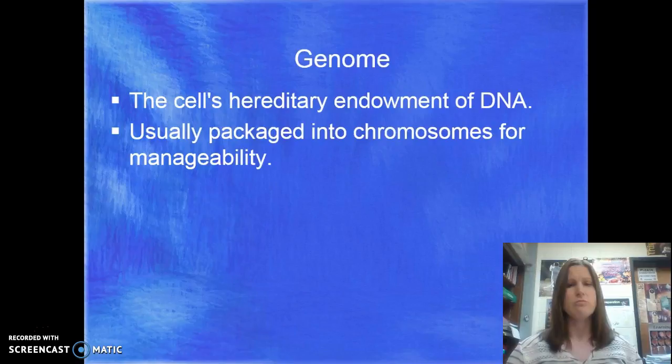The genome is a massive amount of DNA. If you were to look at an individual eukaryotic cell, you're going to find about 2 meters of DNA. That's ridiculous, that so much DNA is packed into such a tiny space, because we can only see cells with a microscope, and yet we have about 2 meters of DNA crammed in there.